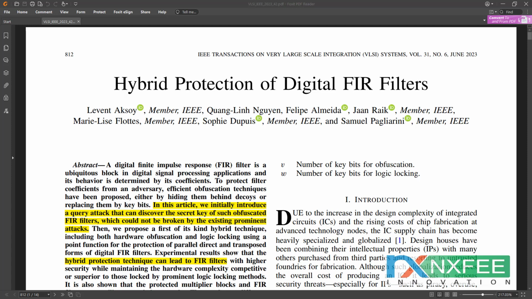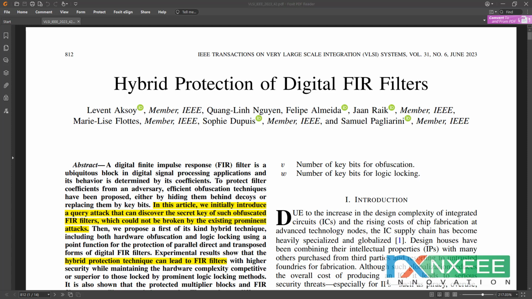In this article we initially introduced a query attack that can discover the secret key of such an obfuscated FIR filter, which could not be broken by the existing prominent attacks. Then we propose a first-of-its-kind hybrid technique, including both obfuscation and logic locking, using point functions for the protection of the parallel, direct and transposed forms of the digital FIR filter.